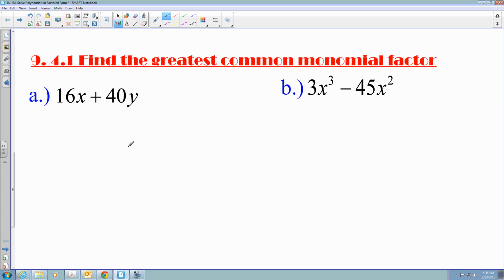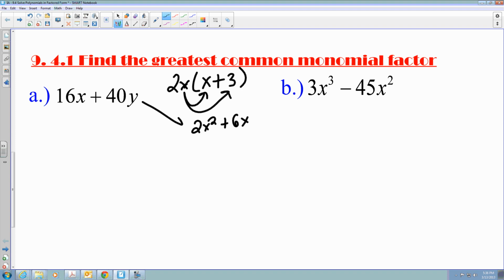Next thing in this lesson is being able to find the greatest common monomial factor. So we've been doing problems such as 2x times the quantity x plus 3, for example. And our job here was to distribute that 2x to our x plus 3, which would give us 2x squared plus 6x. Well, here now we're given problems that look a lot like this.